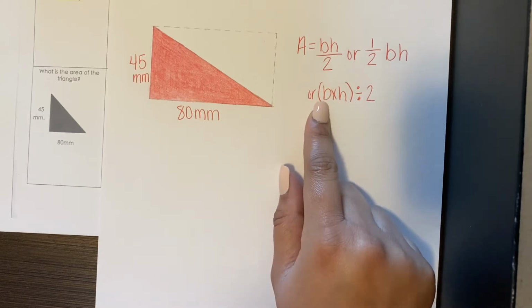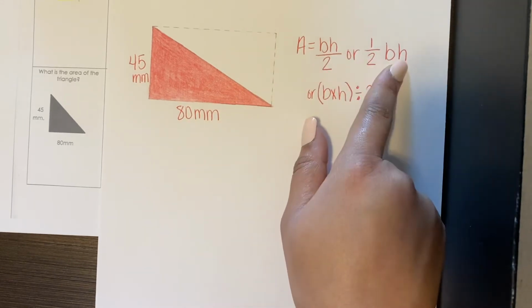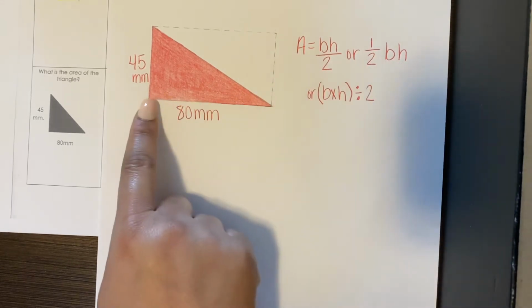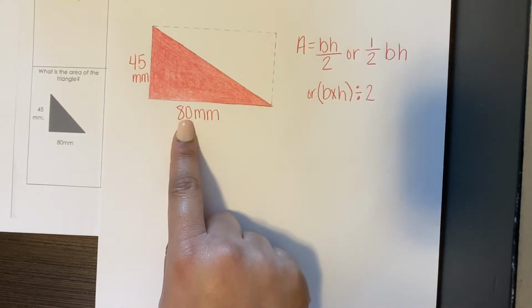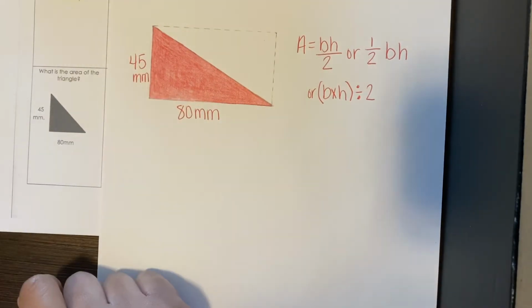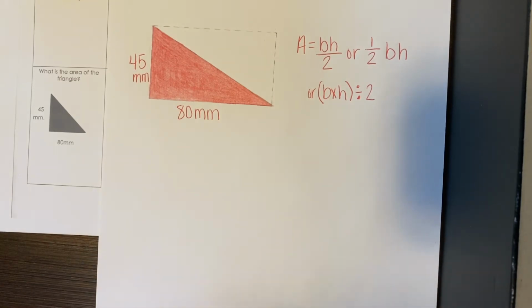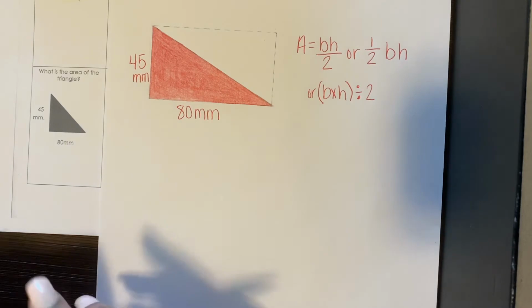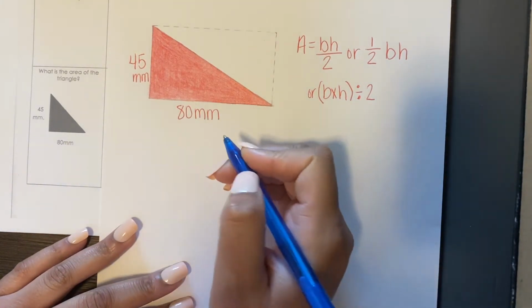In this case, I'm going to take 1/2 of the base and multiply it times the height. So right here, my base is 80. So I'm going to take 1/2 of 80 and multiply that times 45. I'm actually going to demonstrate it both ways so that you can see you're going to come up with the same answer. So I have 80 millimeters, that is my base.